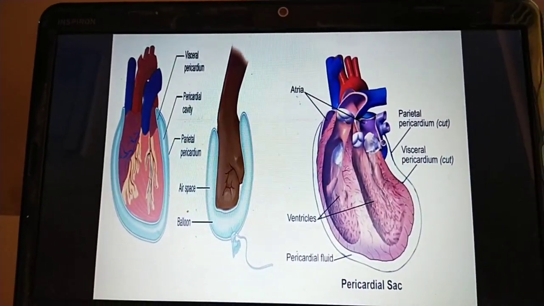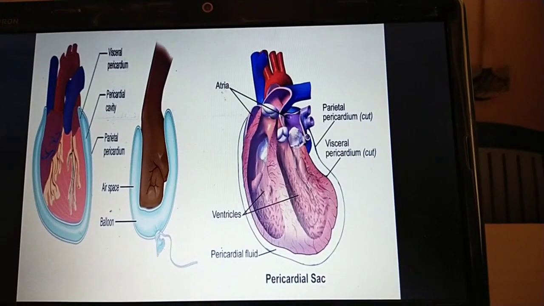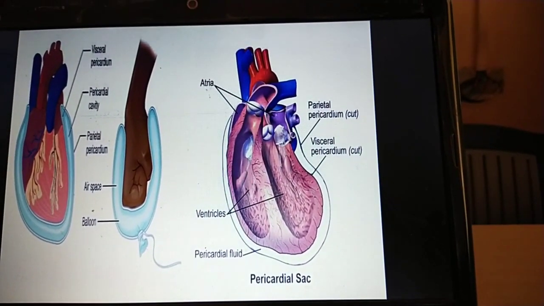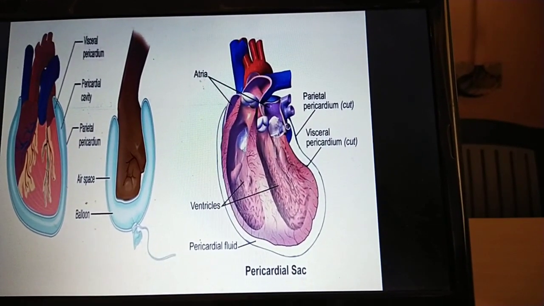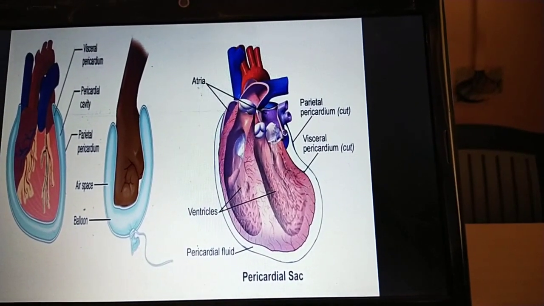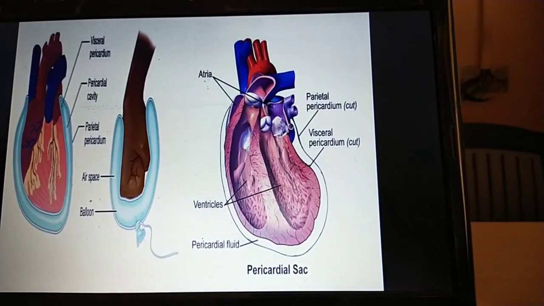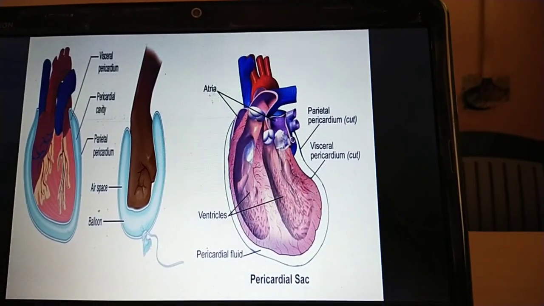This is about the pericardium. The visceral pericardium covers the muscular structure of the heart, the myocardium, and the parietal pericardium covers the visceral pericardium, and it also covers the major vessels of the heart.